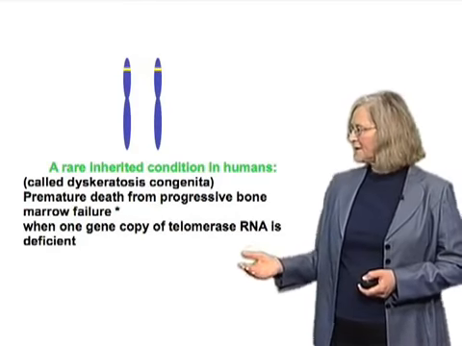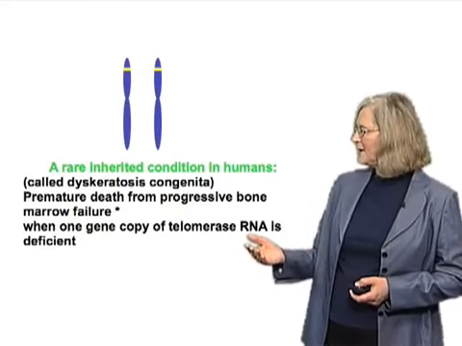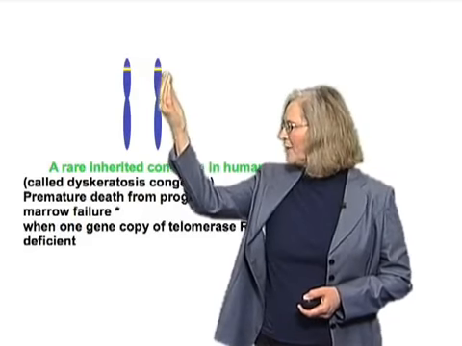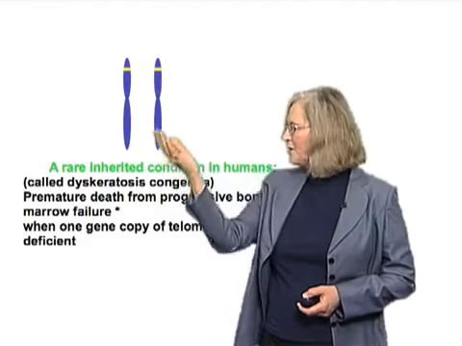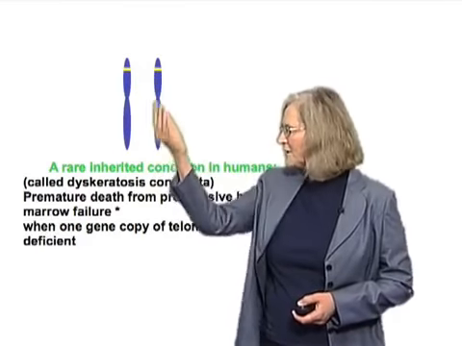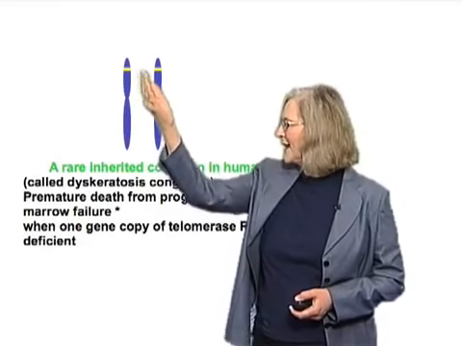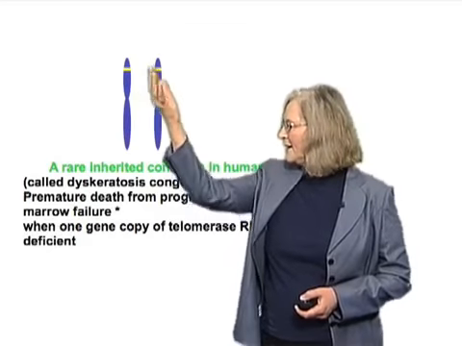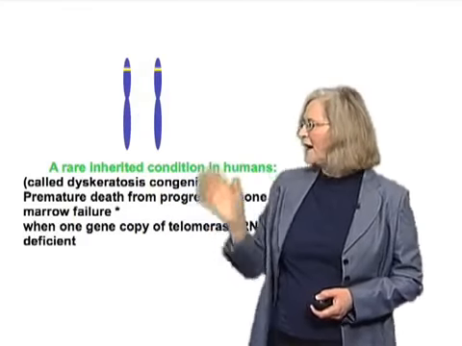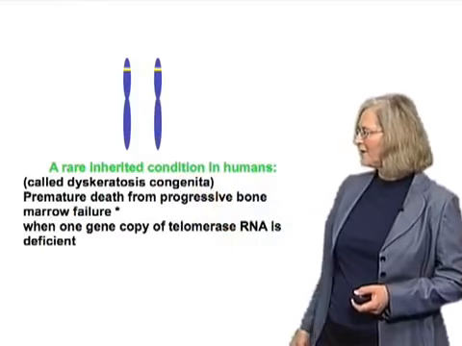And what's the defect? The defect is in a copy of the telomerase RNA gene, a single copy gene found on a particular chromosome. You get one copy of the chromosome from your mother, one from your father, or vice versa. So you normally have two copies of the telomerase RNA gene, indicated as this little yellow bar, on these two chromosomes, one that you got from your mother and one that you got from your father.